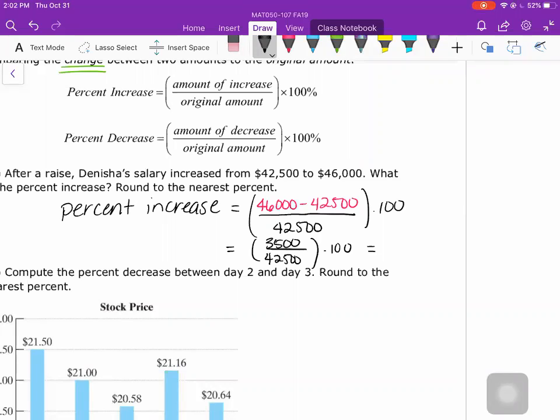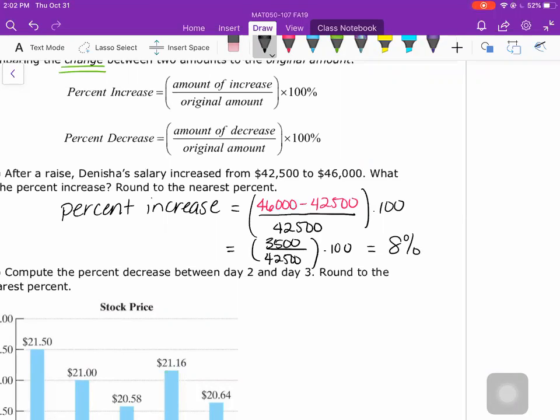Katrina, what'd you get? 8.235. Oh, round to the nearest percent. So 8.254. Obviously that's wrong. Just 8%.